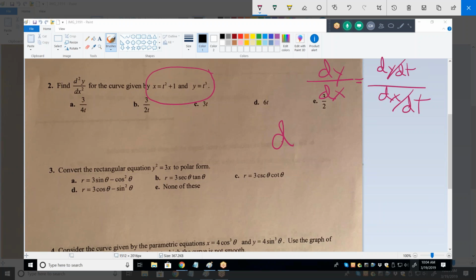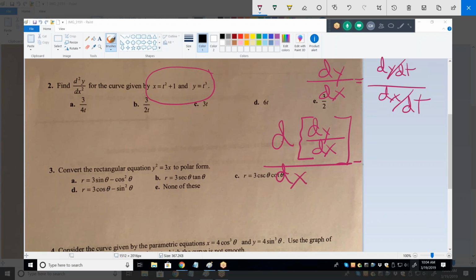Now, the second derivative is the derivative of the first derivative with respect to x. You with me?